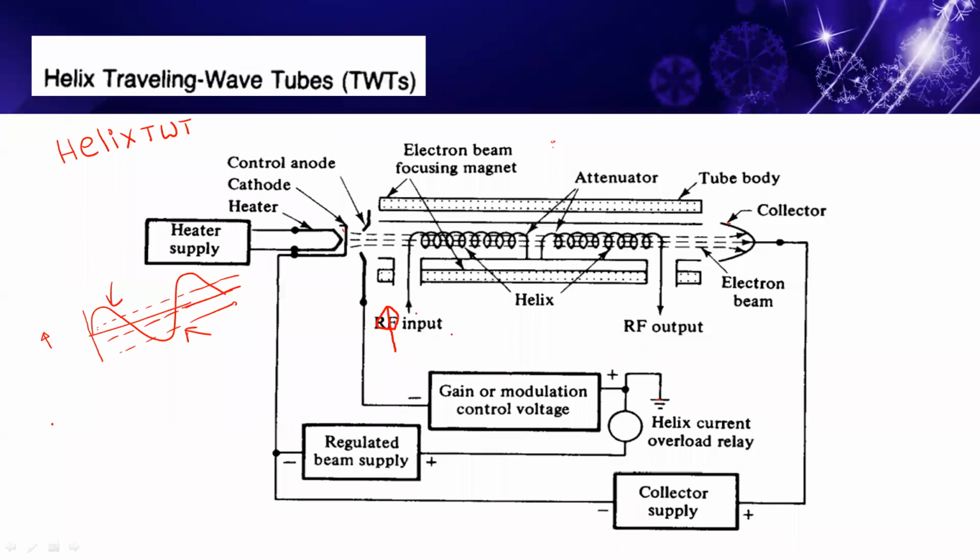In this way a good amplification can be done by this traveling wave tube. After application of the RF input signal, the entire wave comes out after the RF output stage.